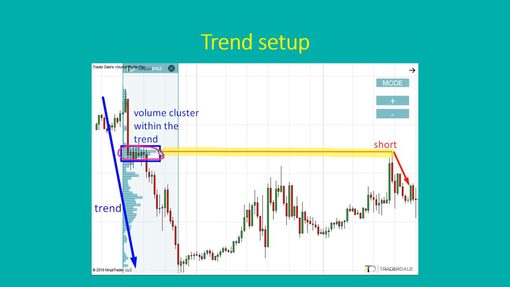The heaviest volumes within the volume cluster are in here. So I drew a line and I was waiting for a pullback. And when the price hit the level, I entered a short at the first hit. Don't wait for any sort of confirmation, just enter your short at first touch.